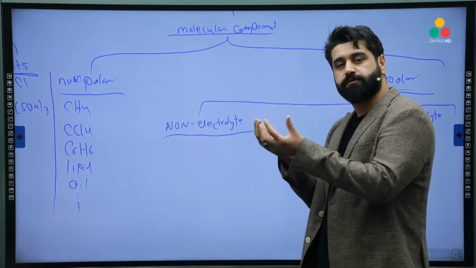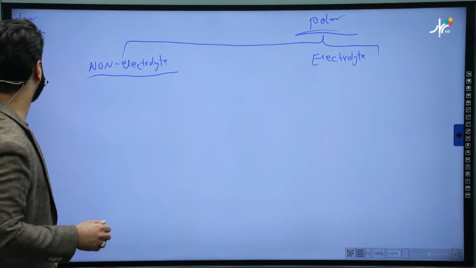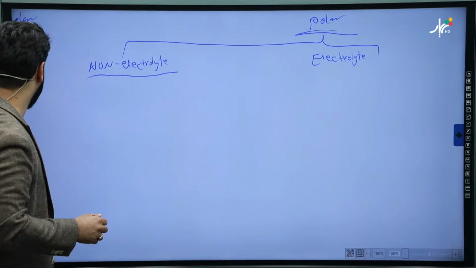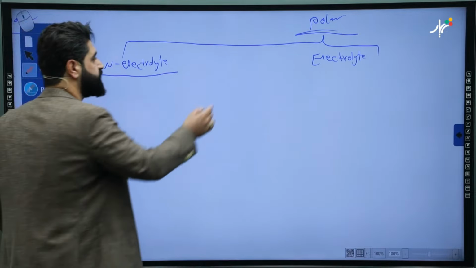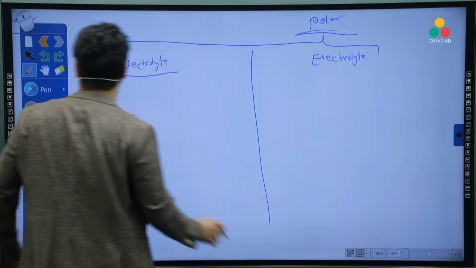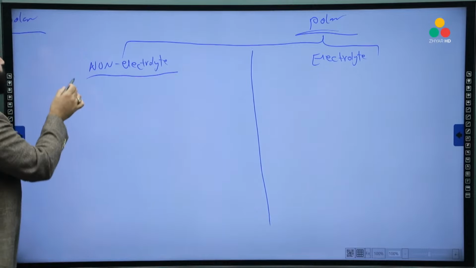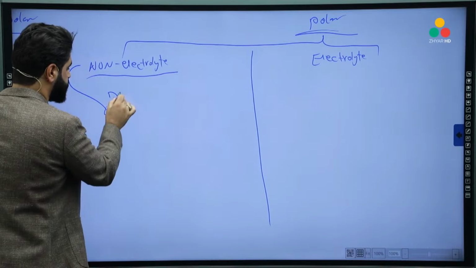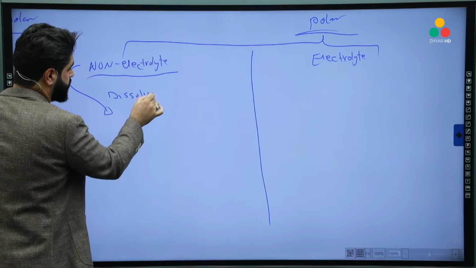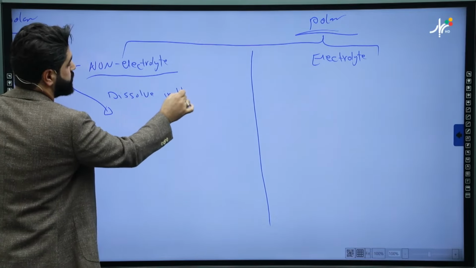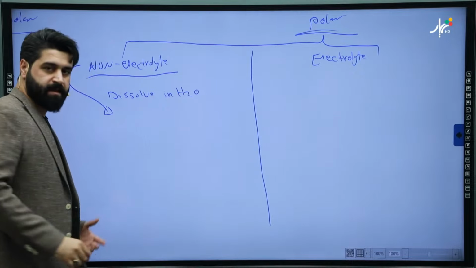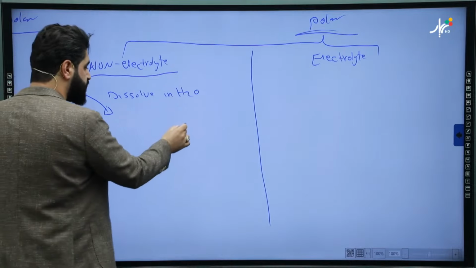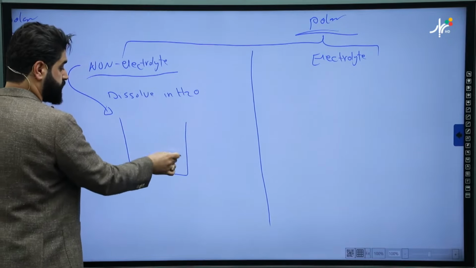Now the direction of the subject changes to the difference between electrolyte and non-electrolyte. Non-electrolyte means when they dissolve in water, they will produce, of course, an aqueous solution.